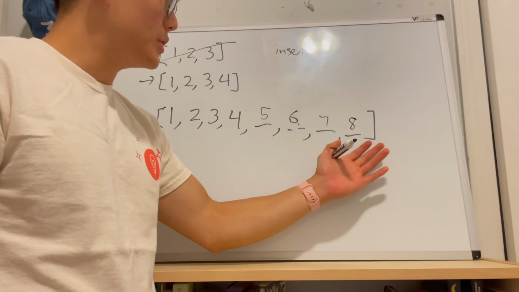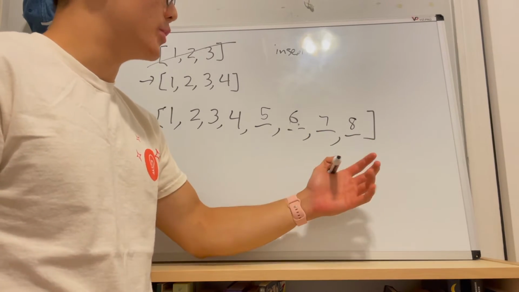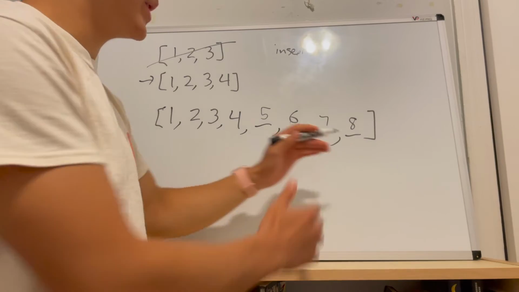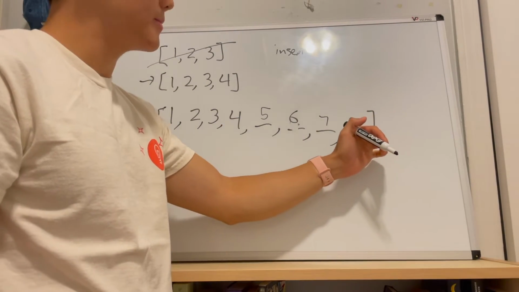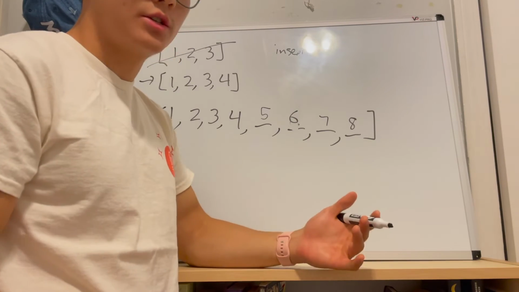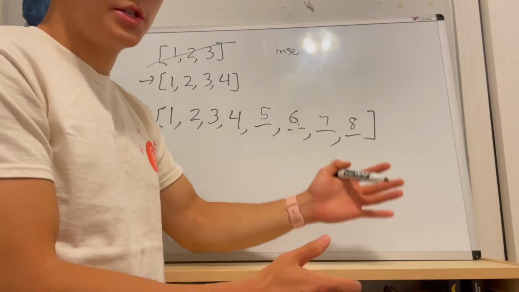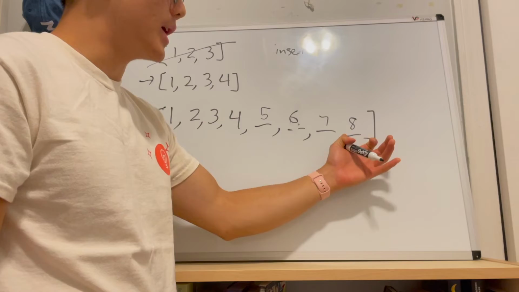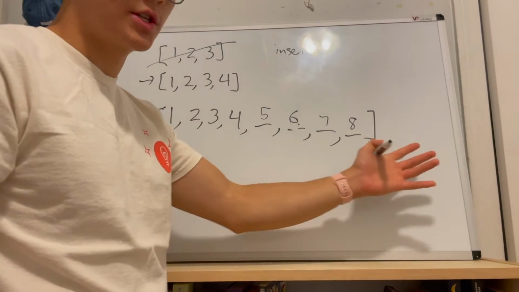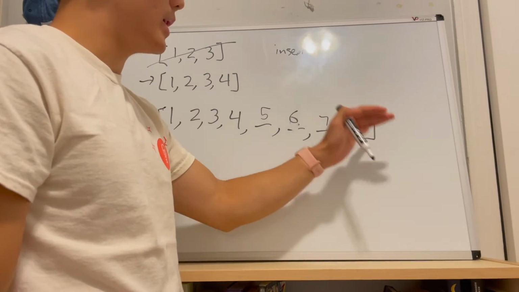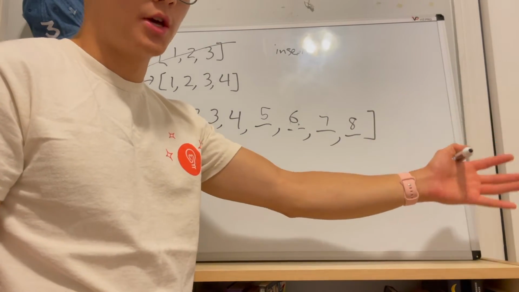Now our array's full, so we have to reallocate a new array. And we allocate a new array of length like 9, so we can add the final thing. What a dynamic array actually does is that it doesn't allocate the new array of length 9, it doubles this in size. So now we have an array of length 16. So we add 9 and then we have extra space again.